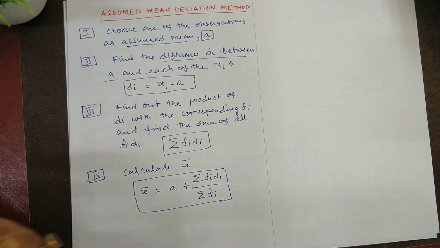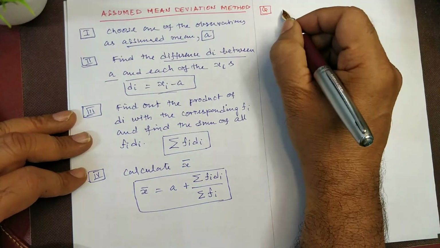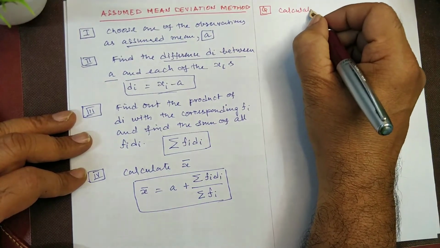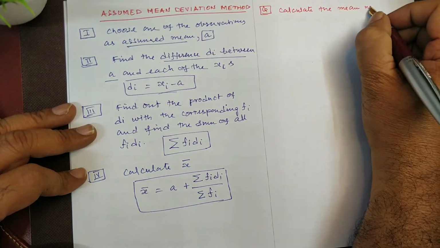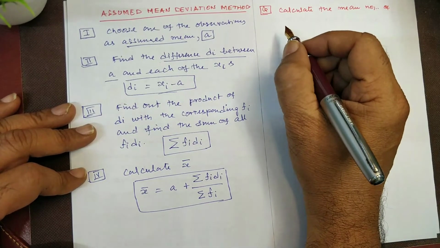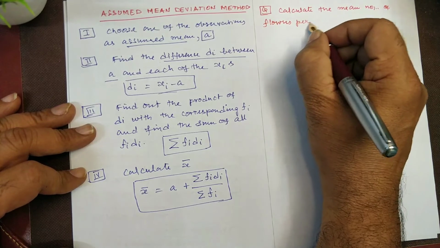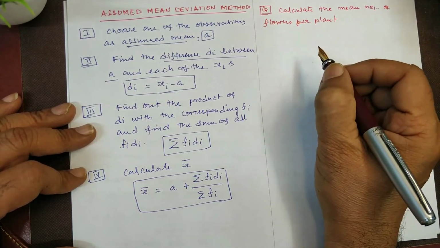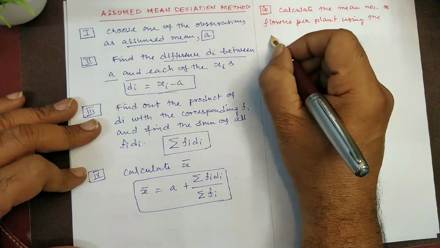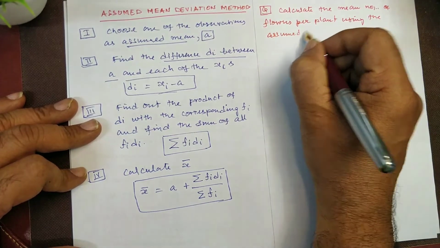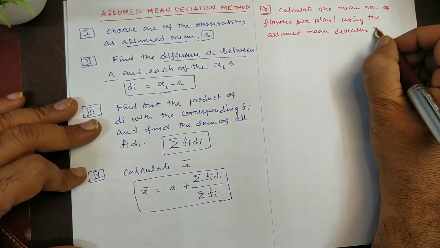Calculate the mean number of flowers per plant using the assumed mean deviation method.